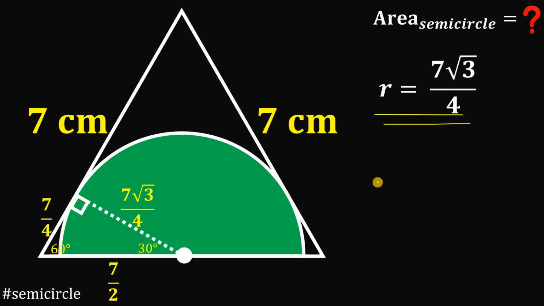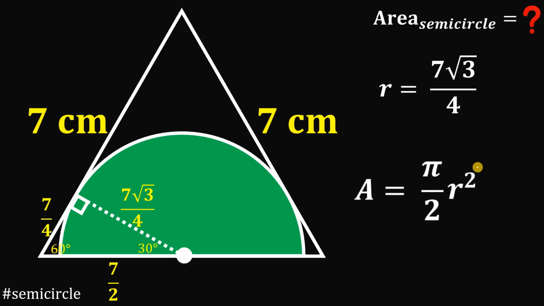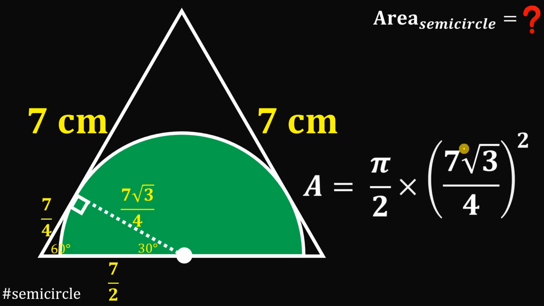Now at this point, what is the formula to find the area of a semicircle? This is just pi r squared divided by 2, or the area of the circle divided by 2. Now we can rewrite this as pi over 2 multiplied by r squared because we now know the value of r. We can replace this r with 7 times square root of 3 all over 4.